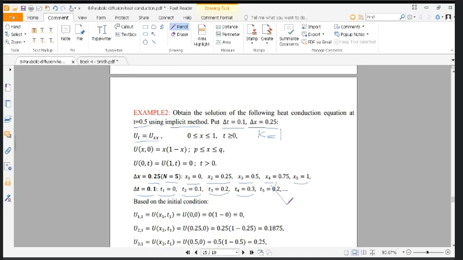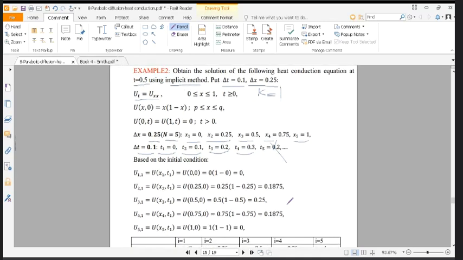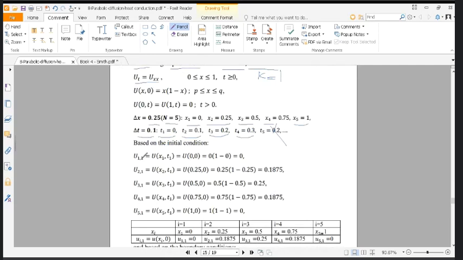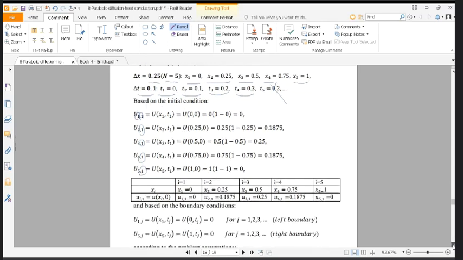Again, based on the initial condition, we have the value of U with the indexes I and 1. When we have 1 for the second index, it refers to the initial condition, and as in the previous example, we have the value of U at the first step.